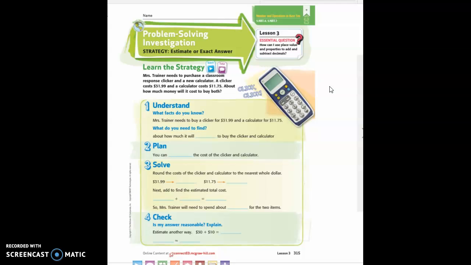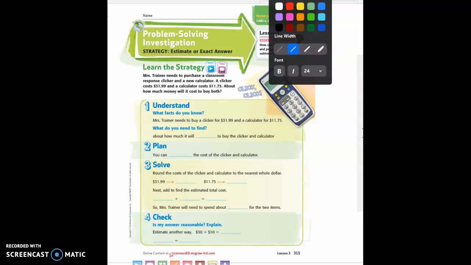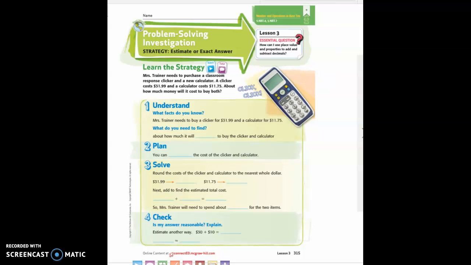so there's a teacher and she needs to buy a new clicker and a new calculator. So what are they telling us about the problem? What do we know? Go ahead. You know that there's $31.99?